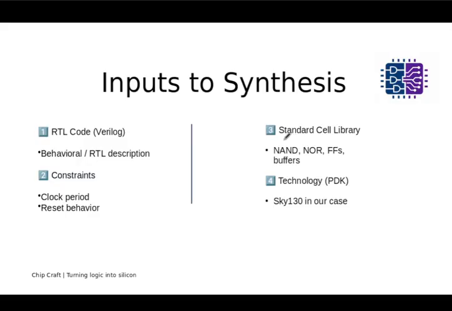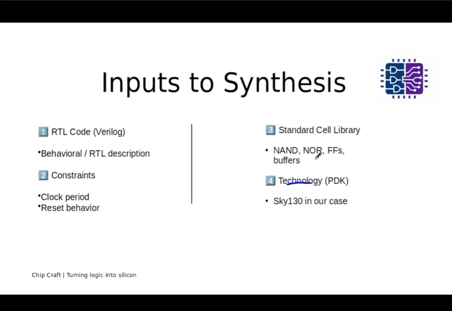We call these files Liberty files, in which there are several universal and non-universal gates, along with their timing characterization, capacitance, lookup tables, and a lot of other things. We will talk about these files later. The fourth one, which is optional for synthesis, is the technology file. This technology file defines which node you are going to be working on.